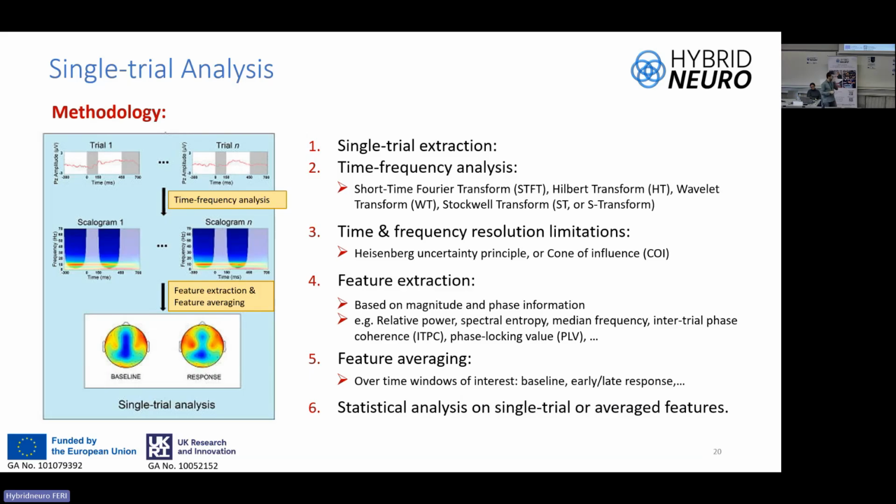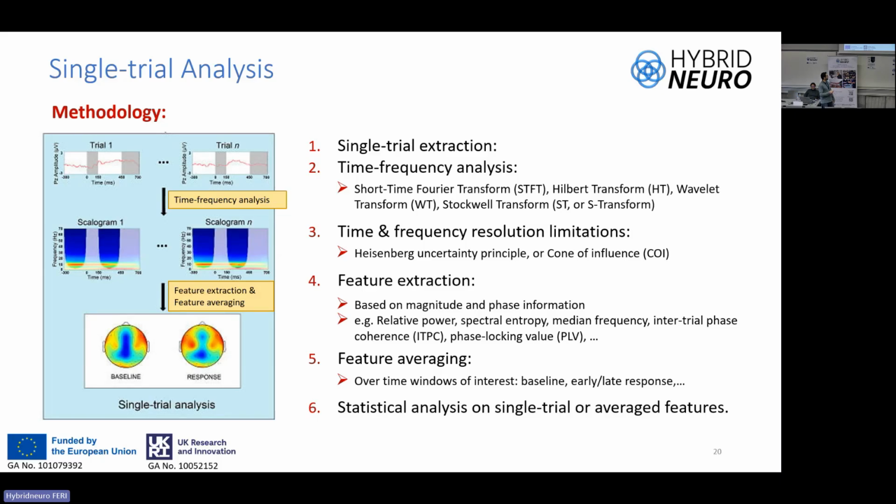What is more or less the general approach to analyze single trial ERPs? Of course, the first step is to extract the trials. We can apply a time frequency analysis, for example, short time Fourier transform, Wavelet, Stockwell, or even another kind of time frequency representation. It's very important to take into account the Heisenberg uncertainty principle.